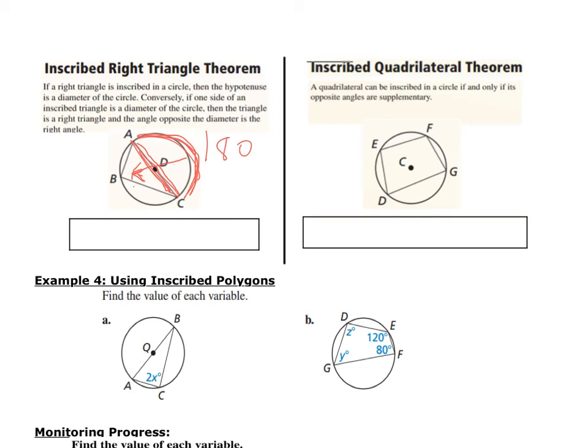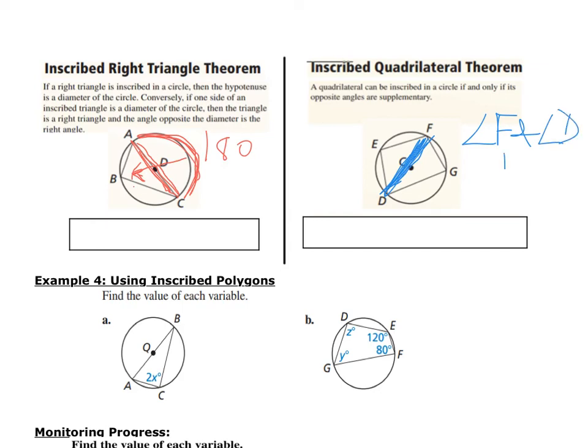The next theorem is the inscribed quadrilateral theorem. A quadrilateral can be inscribed in a circle if and only if its opposite angles are supplementary. What they're talking about, make sure you understand that, for instance, angle F and angle D are opposite angles. Since they're inscribed in a circle, angle F and angle D have to be supplementary.